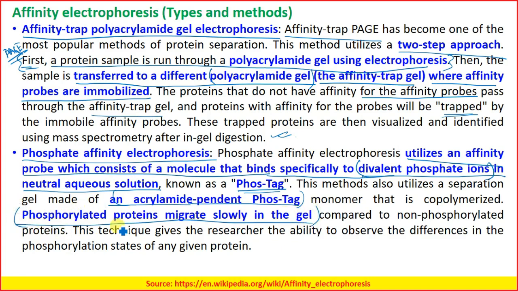So any proteins which have phosphorylation can be selectively isolated using this phosphate affinity electrophoresis. This technique gives the researcher the ability to observe the differences in the phosphorylation states of any given protein.